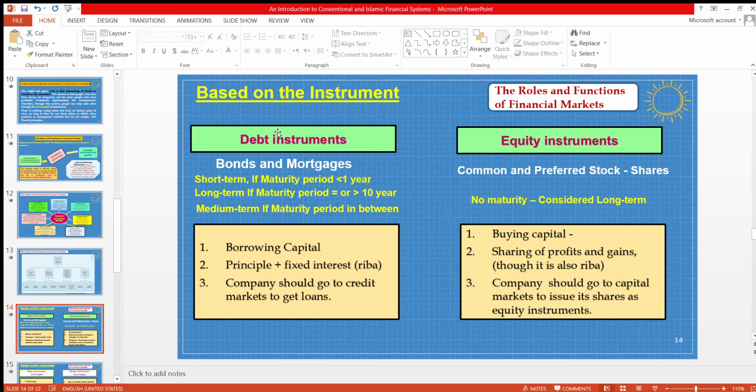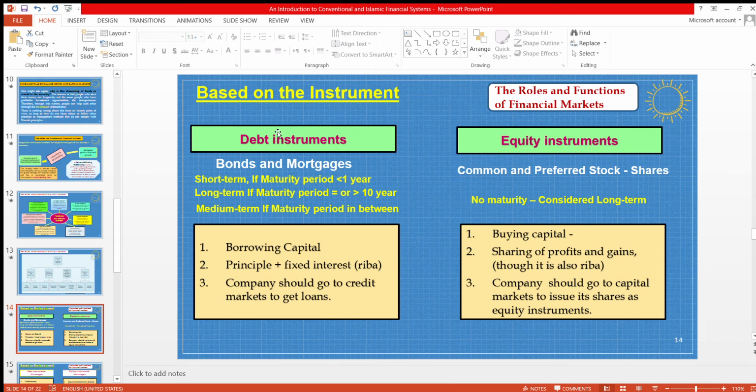Short term: if the maturity period of the issued debt instruments is less than 1 year, we say this is a short term bond. And long term, if the maturity period is equal to or greater than 10 years, then we say these are long term bonds.